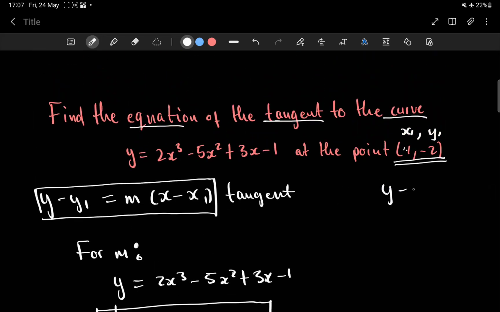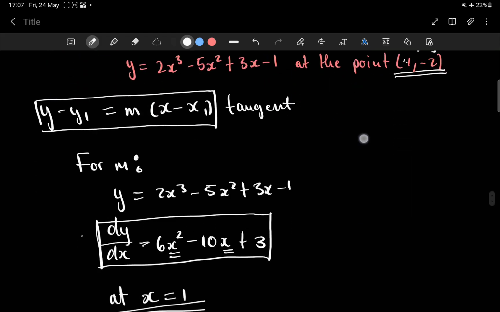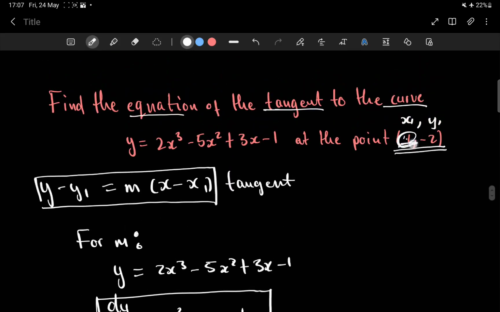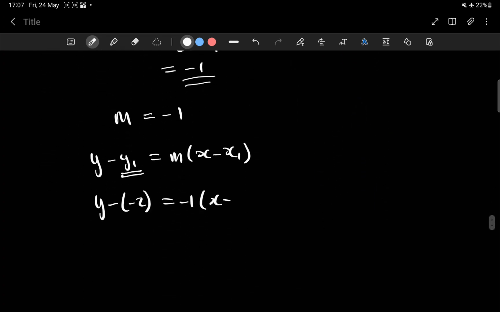So instead of y1, we put negative 2. And x1 is just 1, so x minus 1. This becomes y minus minus 2, which is y plus 2 is equal to minus 1 multiplying x minus 1.